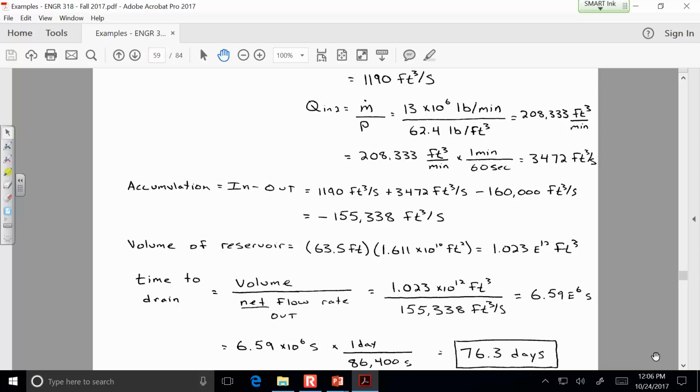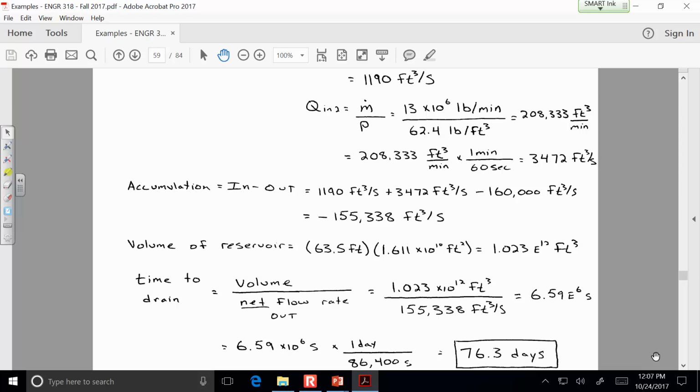That seems like a lot of time, and it is, to drain a reservoir of that size, even though we're talking about a huge outflow rate of 160,000 CFS, and we saw the video, enormous quantities of water through 19-foot tall gates. Still, 76 days, and that's the best case scenario if we can maintain that 160,000 CFS during the entire period.